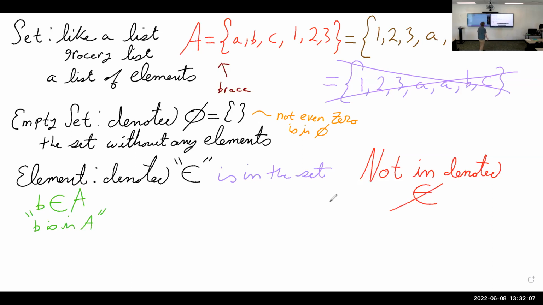And that means that element is not in this set. An example of that might be C is not in A. Well, it is, so that wouldn't work. So anything with a slash through it means not in. So Z is not in A.